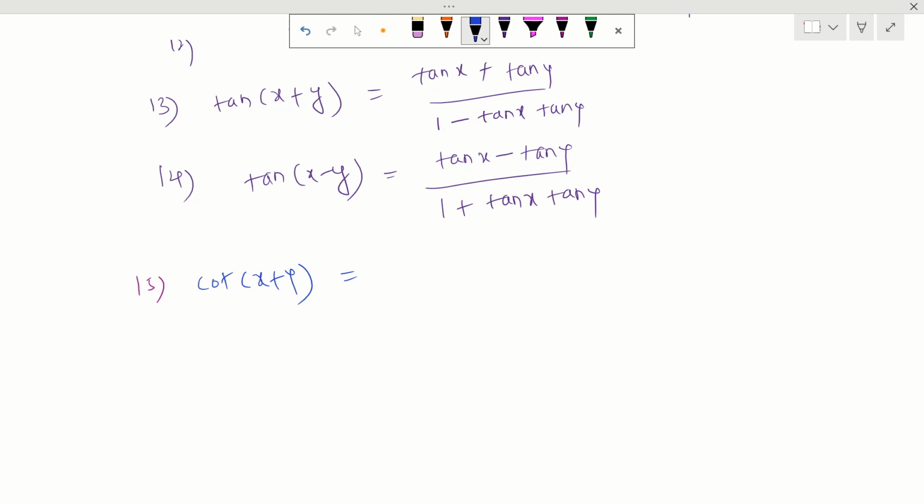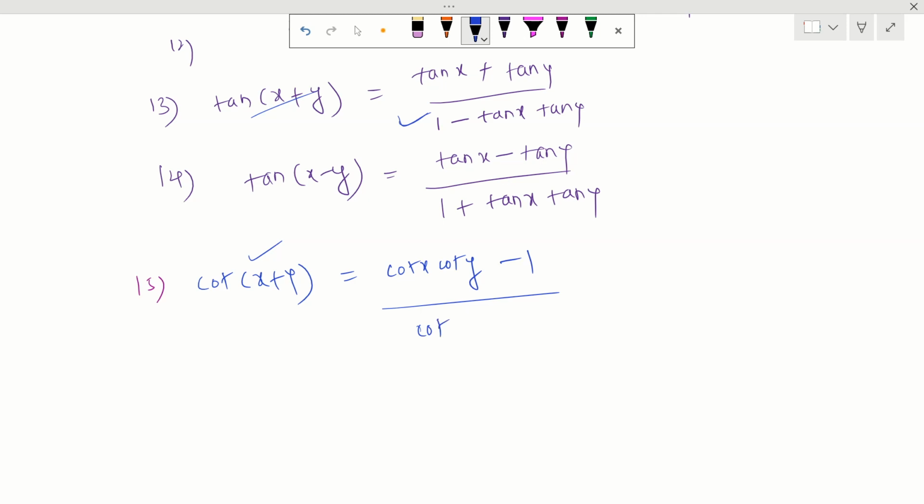So it is cot x cot y minus 1. The denominator term, it is cot x cot y minus. This is similar to the tan formula, but here, instead of 1 minus, we are writing cot x cot y minus 1, and the below term is what?